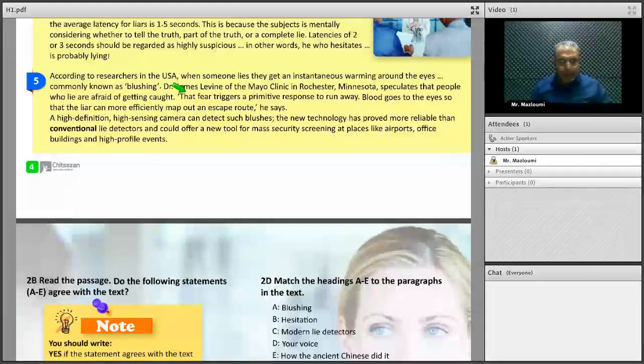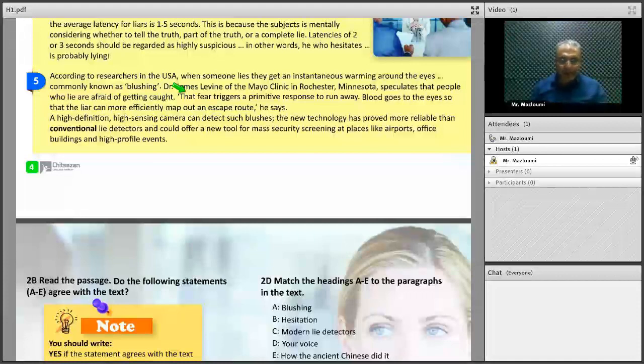So, an HD and a highly sensitive camera is able to detect, to notice, to discover such blushes, such warmings around the eyes. This new technology, blushing, has proved more reliable than conventional lie detectors.